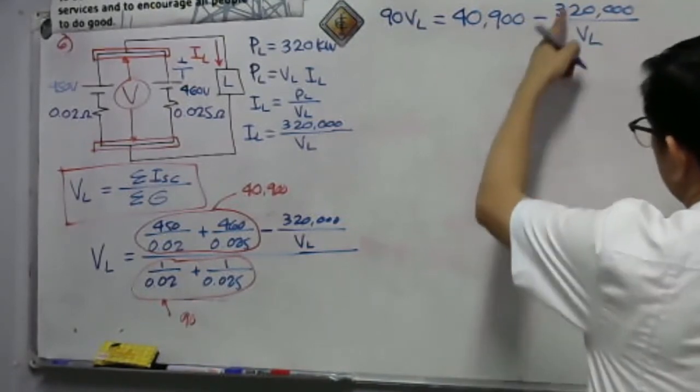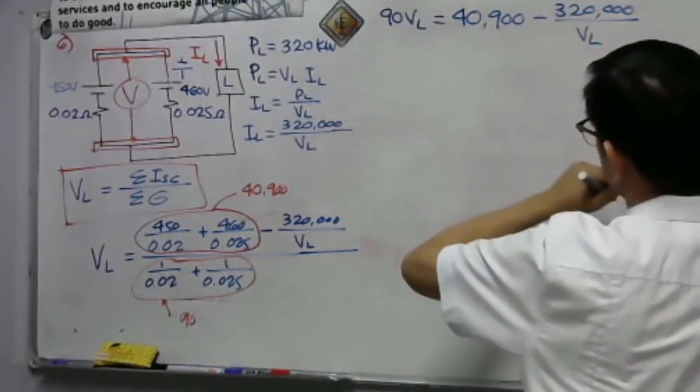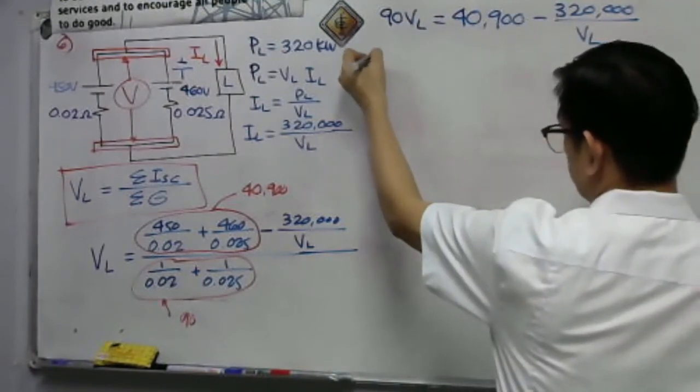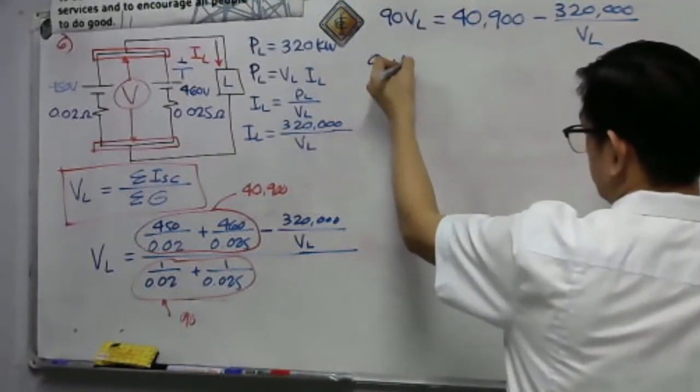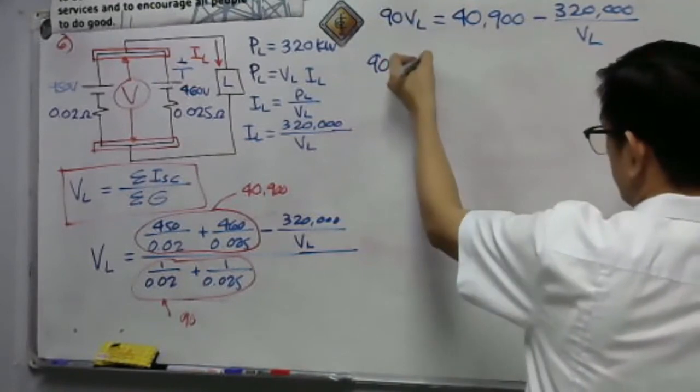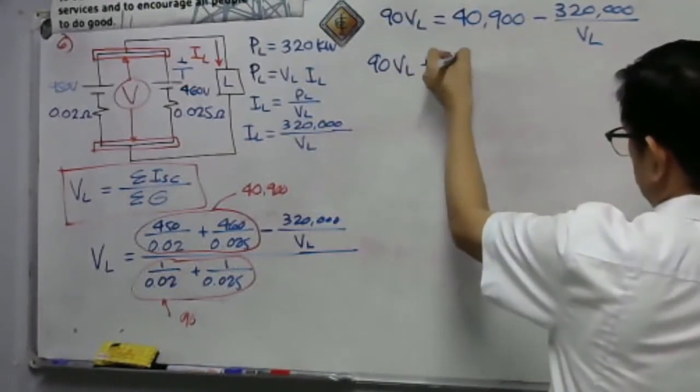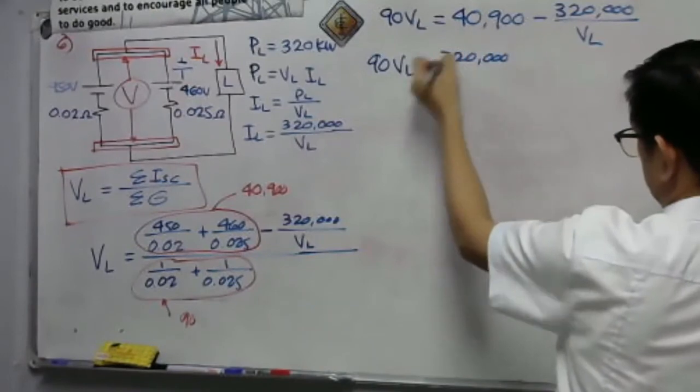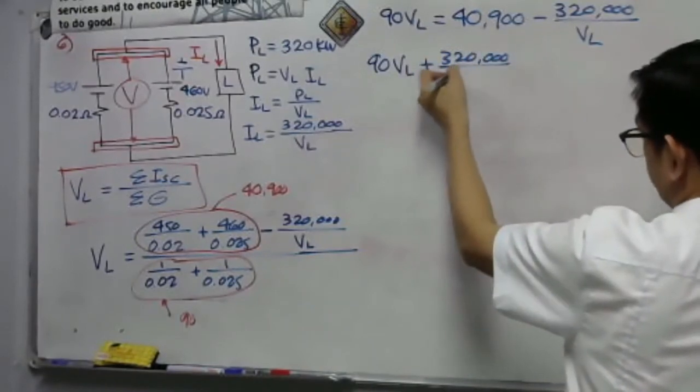As you see, that will become 90 VL, minus will become plus 320,000 over VL.